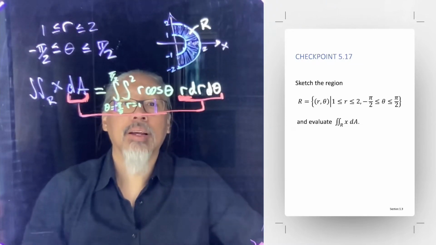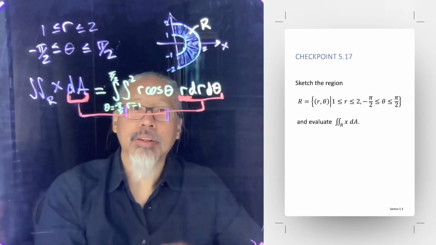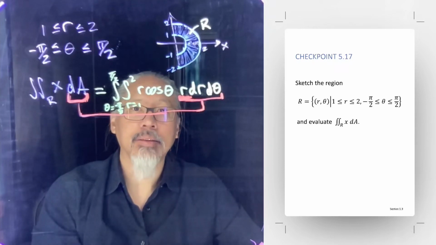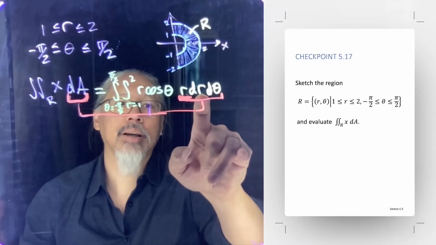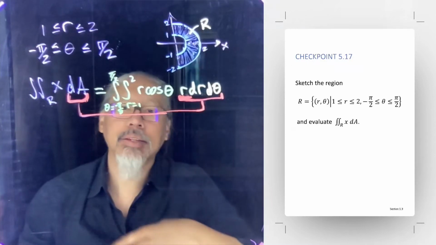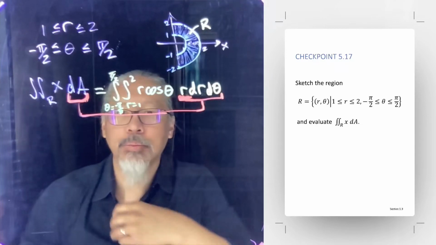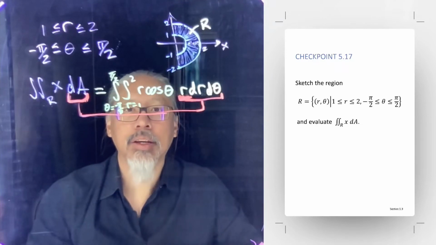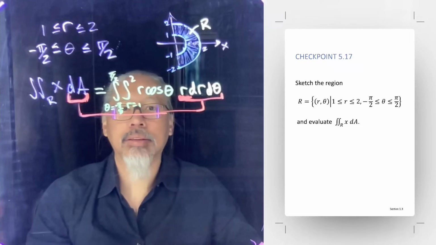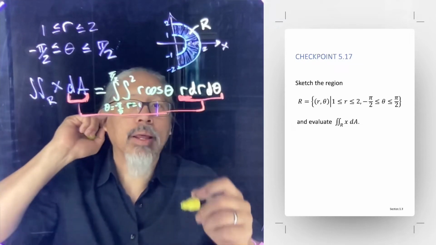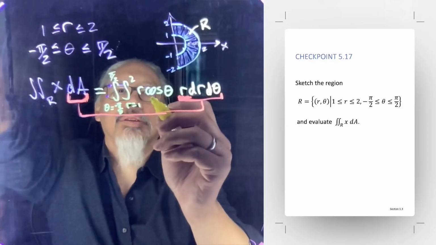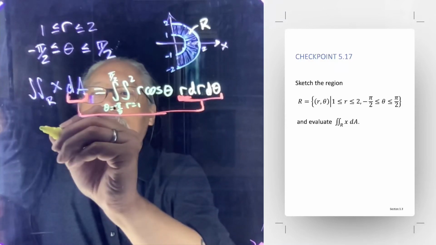From here we'll also notice that we can factor things out. The cosine theta is constant with respect to r. Basically, if you're not adding or subtracting, if you're not putting things into functions, if you're just multiplying things, then you can break them apart. What I mean is that you can do two separate single integrals.